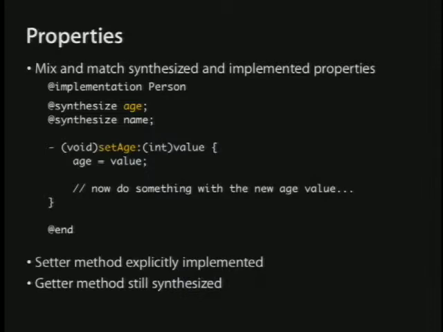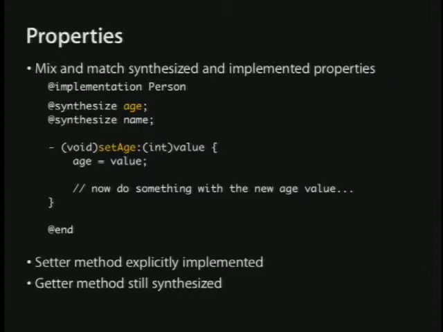So another thing you can do is, the synthesizer will generate these setters and getters for you, but you can still implement your own setters and getters. In this case, we have a synthesize age and a synthesize name, but at some point in the future, we decided that we need to do something a little more complex with the age. So let's say if the age is 16, we want to flag that they need a birthday party or something.